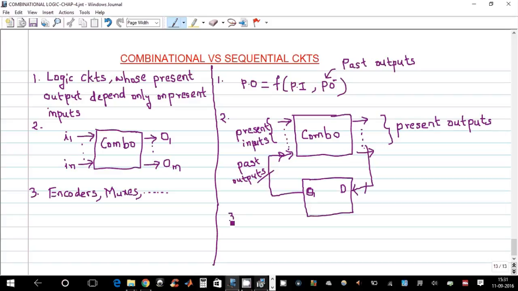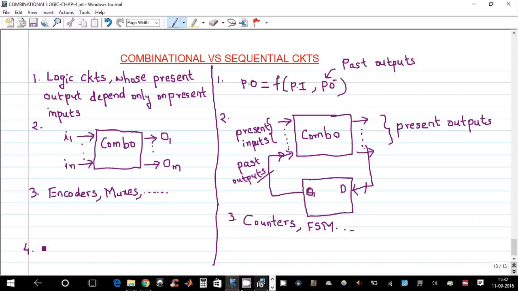So this is how we can justify the given definition. Some of the sequential circuits are counters. In a general sense, you can say any FSM is a sequential machine. As mentioned here, sequential logic circuits do require a memory element, that is the register, whereas a combinational logic circuit does not.